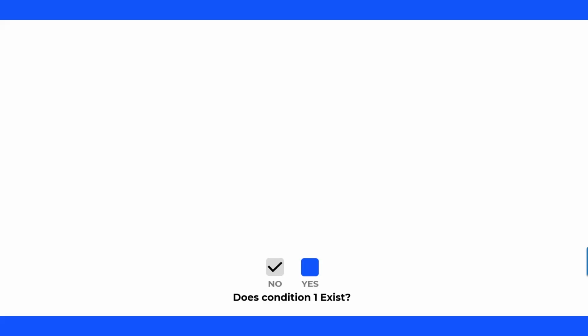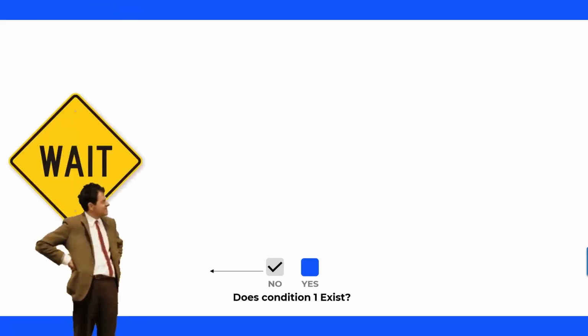All right. So our process goes like this. Does condition one exist? Condition one. And we'll talk about this a bit more on Saturday on what each of these conditions are. I'm going to go over it a little bit here too. So if condition one, the very first qualifying condition, does not exist, we wait.